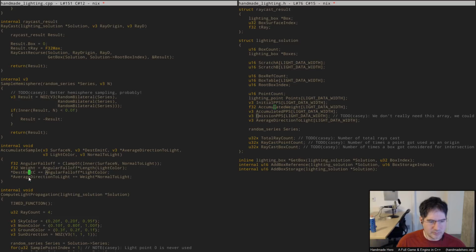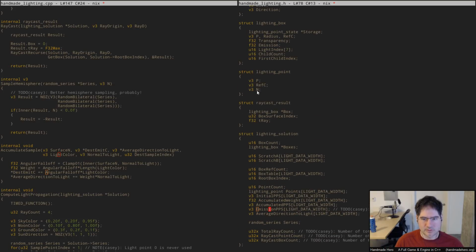And so actually when we're looking at what we're summing into, all of this, I think we should just pass the sample index. Right, because the surface normal is going to be just the point's normal. So I think we can make this much more concise.